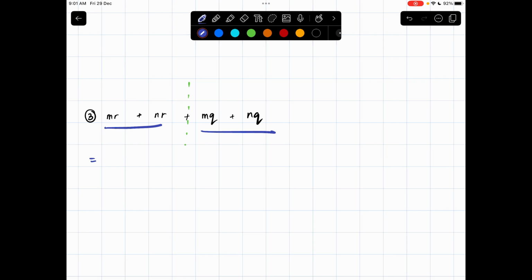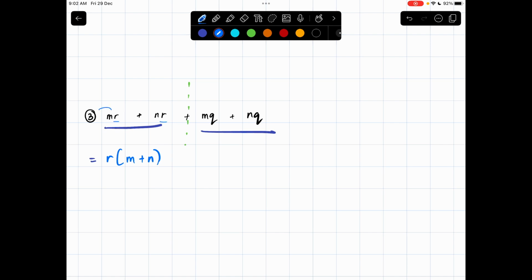So what you do here is you have mr plus nr. So here we're going to factorize the common factor out. As you can see, we have r repeated in both the terms. So we take out r and you will have m plus n inside the bracket. Can you see that?